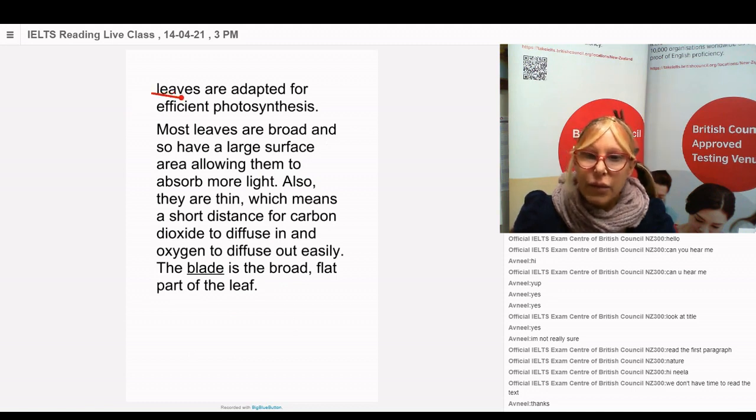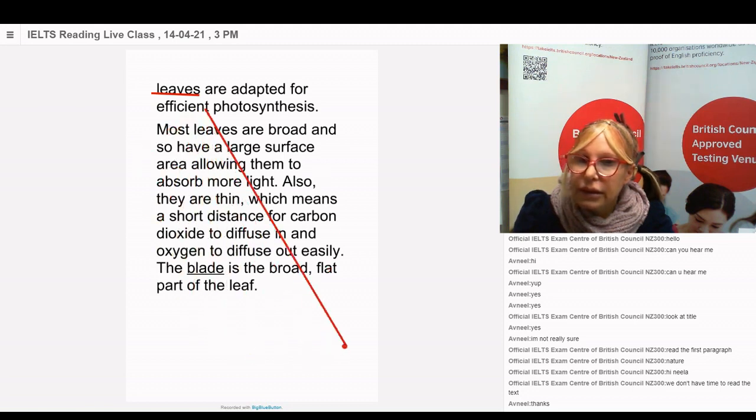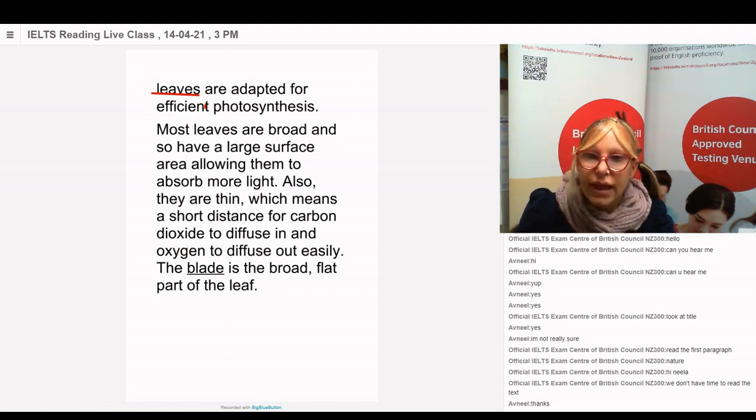Okay, then we move on to see that all of this paragraph here has got some language about the leaves.